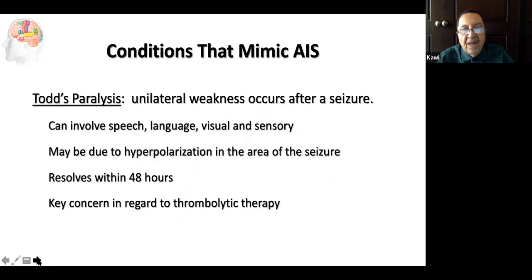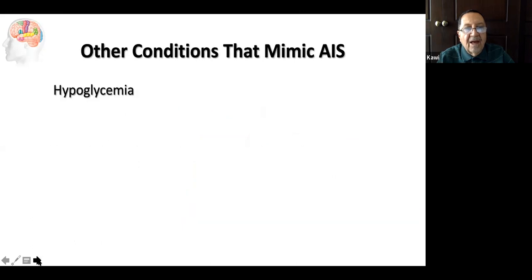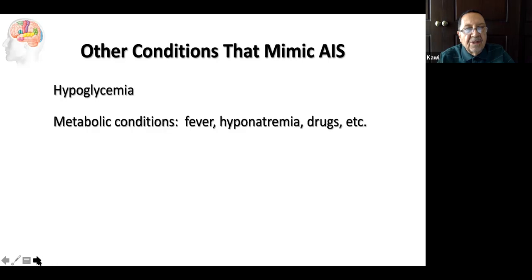There might be some hyperpolarization in the area of the seizure, and usually it resolves within 48 hours. Other conditions that may mimic acute ischemic stroke is hypoglycemia, and that's why in acute stroke we immediately check the blood sugar, and if the patient is hypoglycemic, he needs to be treated accordingly.